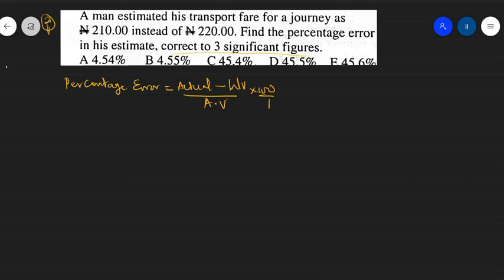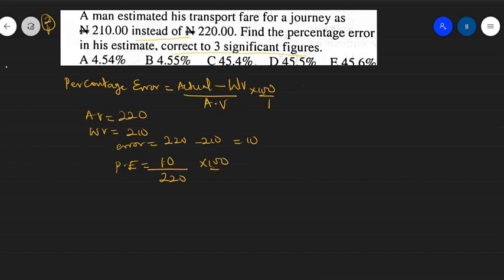Here my actual value is 220, instead of, always watch for this statement, and the wrong value is equal to 210. So my error is going to be 220 minus 210. The difference between these two is 10, so I'm going to have 10 over the actual value, 220, times 100 over 1.